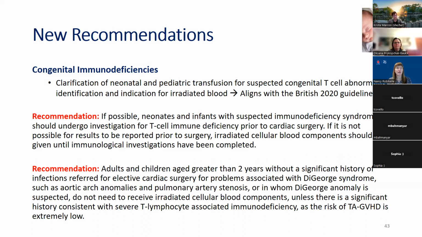And once a diagnosis of immunodeficiency was suspected, irradiated components should be given until a final diagnosis was made. And if we were unsure, then we should consult with a clinical immunologist. Those were based upon the 2010 British guideline. In their new version, the British guidelines now have 5 recommendations. And we basically align with those new guidelines.